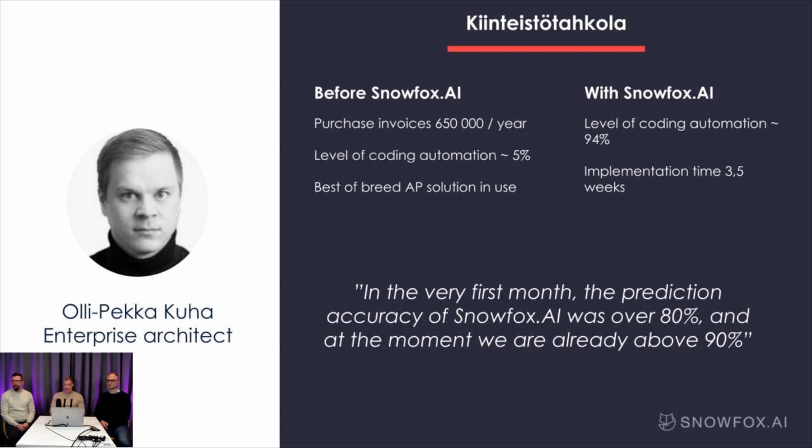They had a best-of-breed AP solution connected to their ERP, which also had a smart coding element, but it didn't work that well. Today, the level of coding automation is 94%, and the implementation time was 3.5 weeks, including testing everything, of course. Kickoff to live, 3.5 weeks.